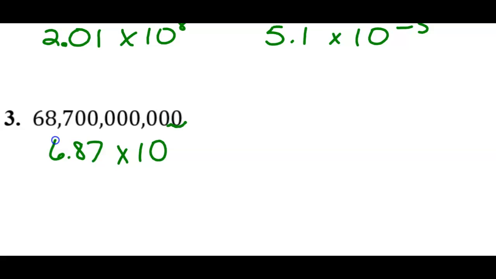Let's see: 1, 2, 3, 4, 5, 6, 7, 8, 9 ends up between the 8 and the 7. Go one more, 10. So remember, your decimal isn't going to where the last number is. It's in between the first number and the second number. Okay? That part's super important.